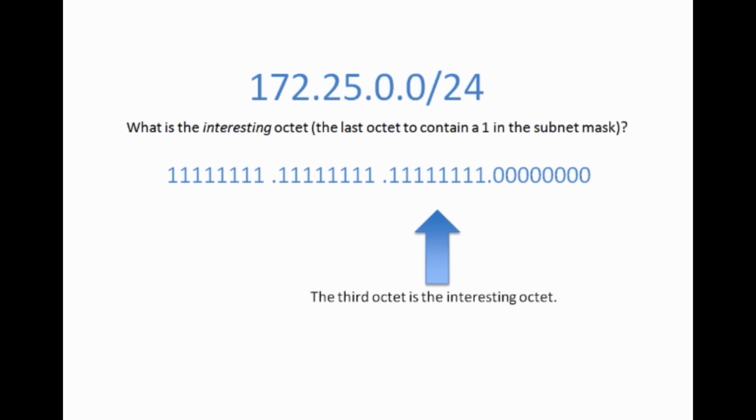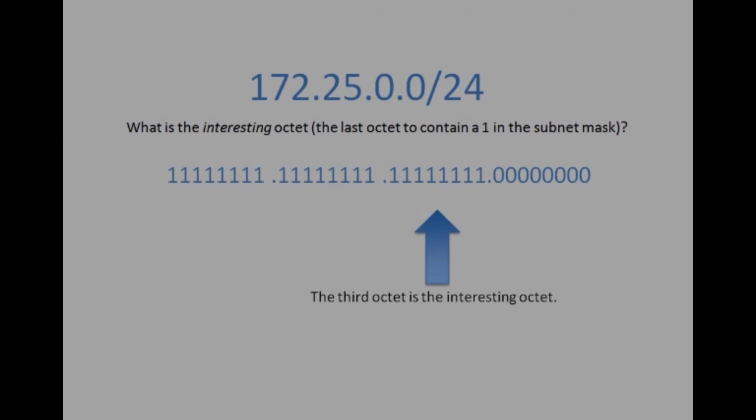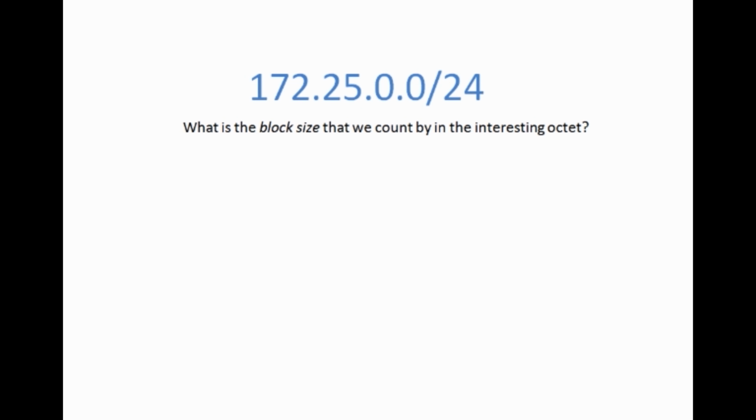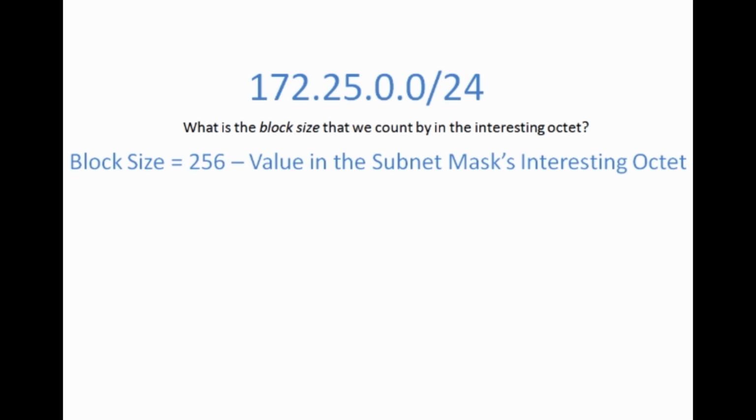That's step 1. The second step, now that we know in which octet we're going to be counting, what is that increment size? What is the block size? The block size can be calculated with this formula. It's 256 minus the value in the subnet mask's interesting octet. Not the network address's interesting octet, but the subnet mask's interesting octet. In this case, it's 255.255.255.0.